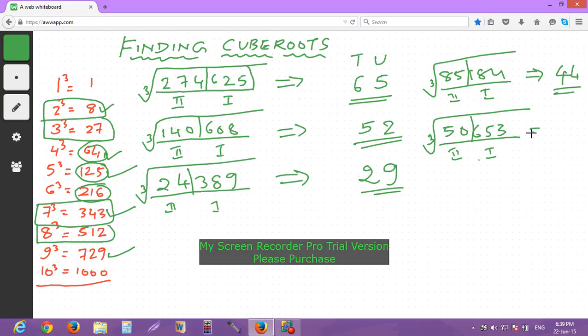So 7 is in the units place of the cube root. Now look at the second group, that is 50. The biggest cube that can be subtracted from 50 is 27. And the cube root of 27 is 3. Therefore, the cube root of this is 37.